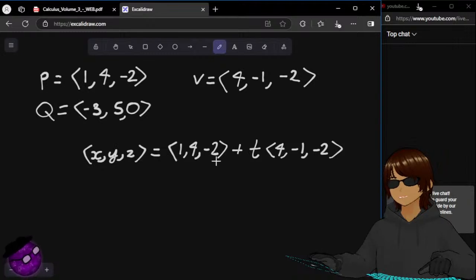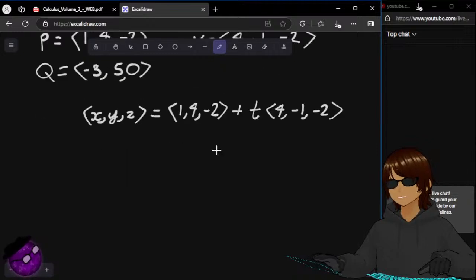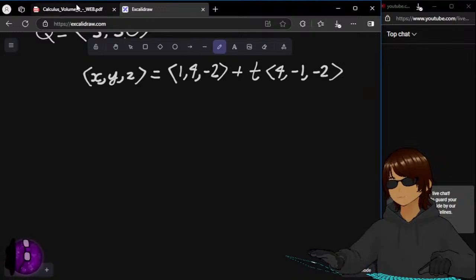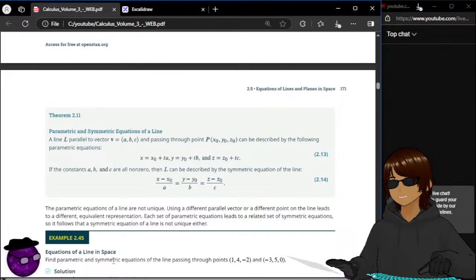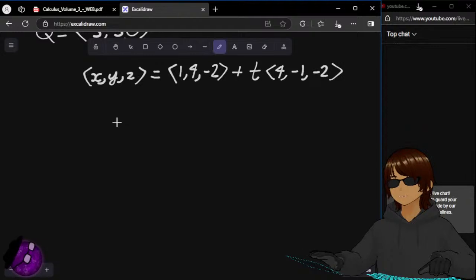Then we have 1 minus 4, 4 minus minus 1, and minus 2 minus minus 2, which is 0. Okay, I guess this makes sense. Find the parametric and symmetric equation of the line passing through points this and this. So t is equal to -1.